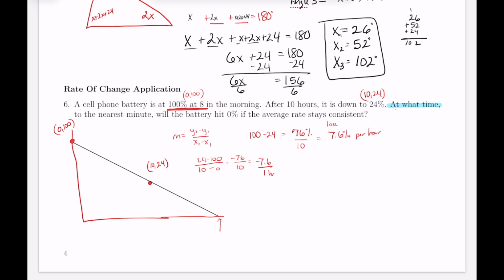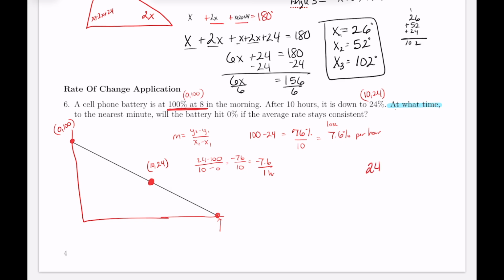Just like with all these problems, there are several different ways that you could do this. One would be to say, hey, after 10 hours, I'm already at 24%. How many more hours to get down to 0% if I'm losing 7.6% each hour?